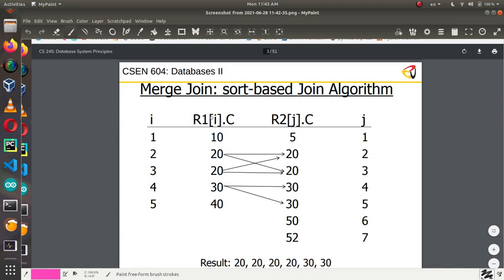So we want to join two tables, R1 and R2, and we have a common column C. The items in the common column in both tables are sorted in ascending order.